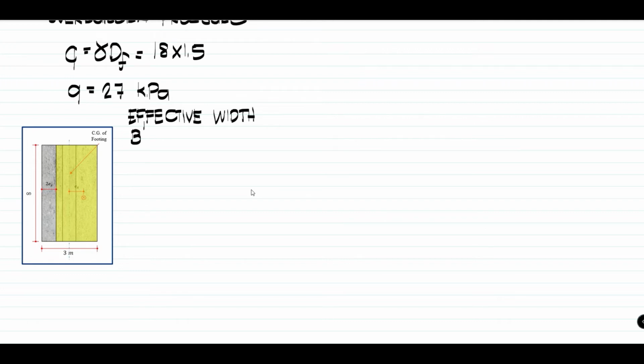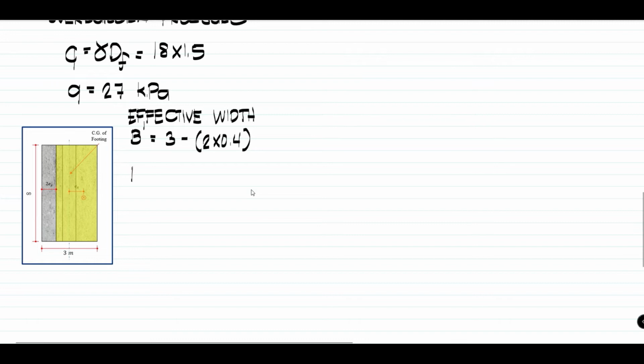So, ibig sabihin, doon natin ibabawas yung eccentricity ex. So, twice of the eccentricity ex yung kailangan nating tanggalin. So, yun yung magiging effective width. So, that will be a value B prime which is equal to 3 minus 2 times 0.4.